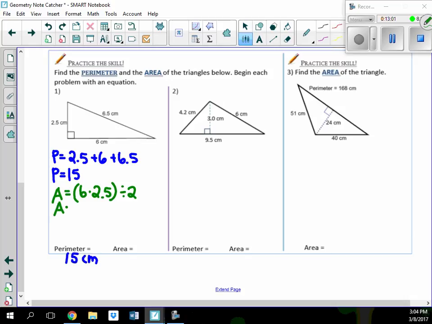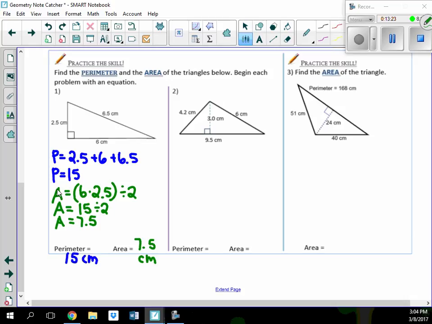So 6 times 2.5 is 15, and then divided by 2, we would have an area of 7.5 for that one. All right, you should be taking these notes with me, please.